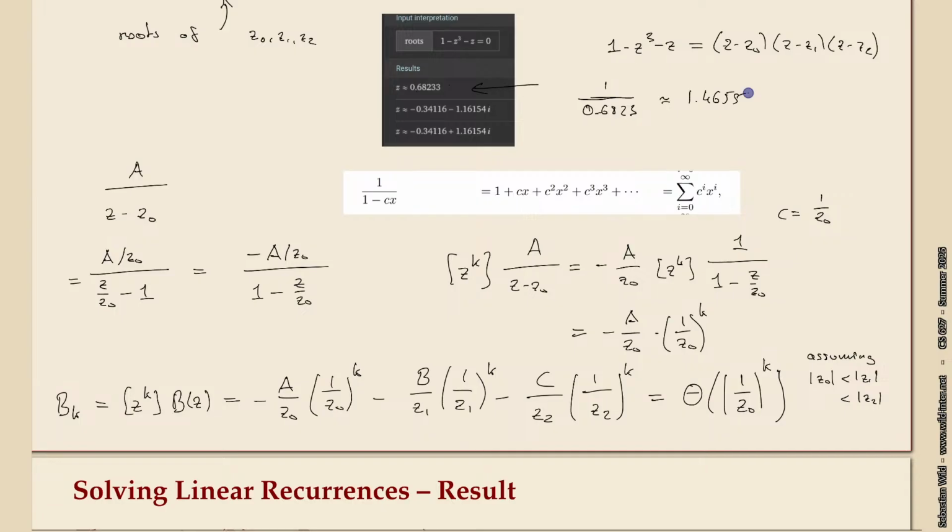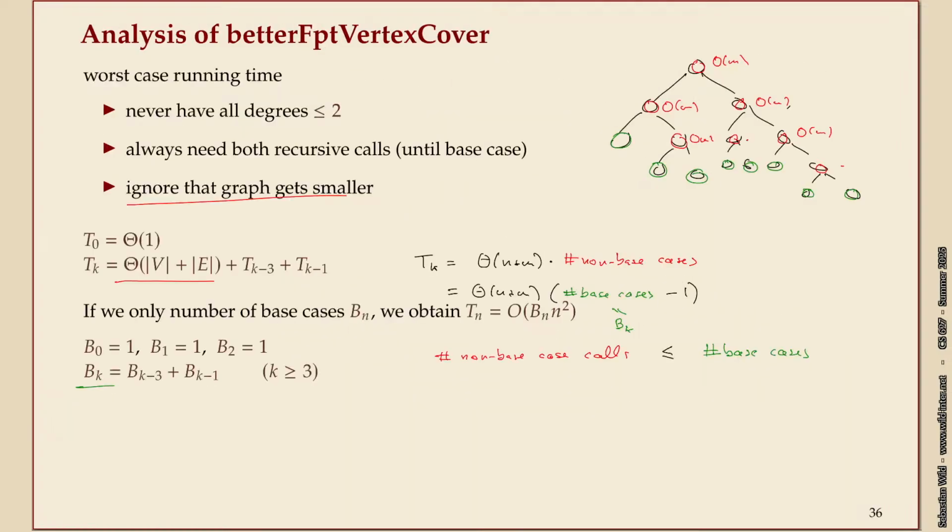So what's the point of all of this? The exponential growth of the cost of our running time here, of bk, is going to be this 1.46 whatever to the power k.